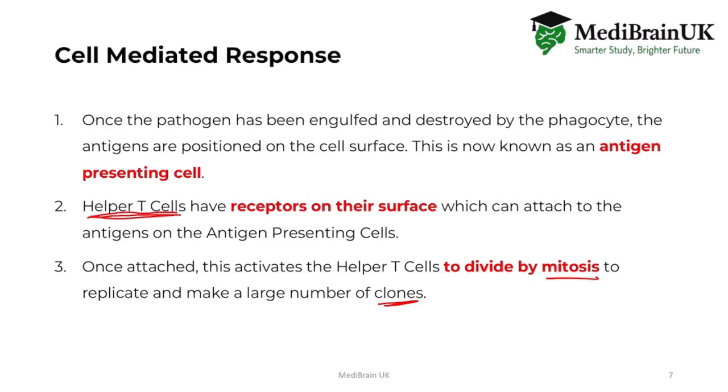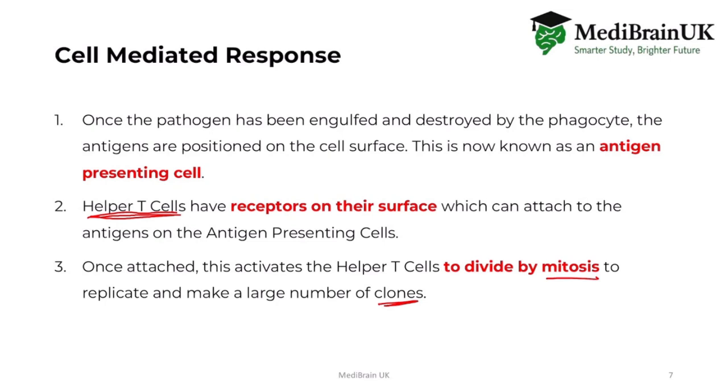So that's why you see that spike in the number of white blood cells on your report, because these helper T cells have been activated. They're dividing by mitosis so they can produce a large number of clones, and they can get as much help as they can to defend your body against this pathogen.